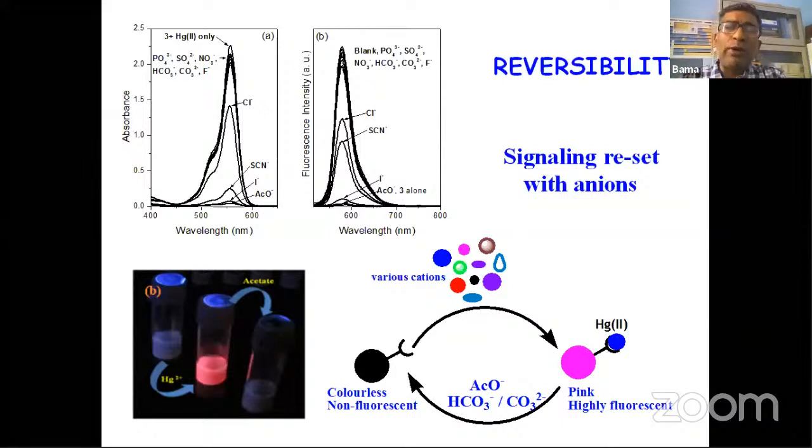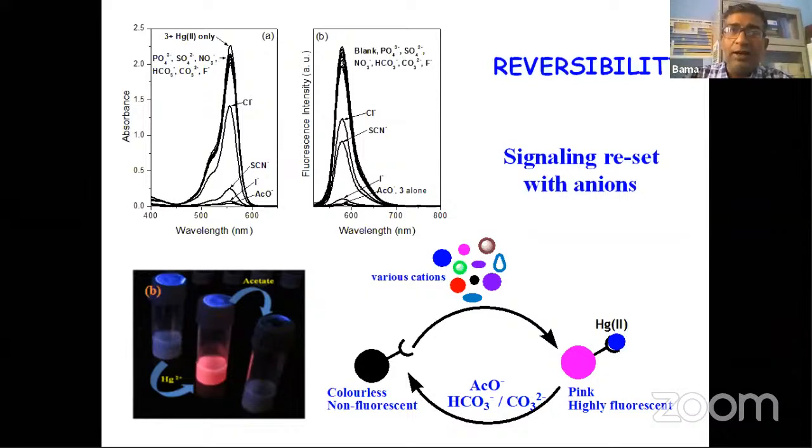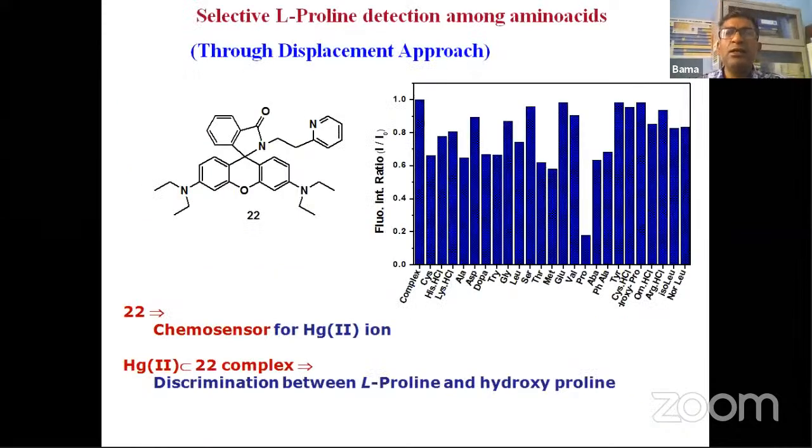We found that addition of a counter anion helps the ring-opened rhodamine-based probe go back to the spiro ring system, and the initial output parameters are reset. Here is the detection of amino acids through a metal ion displacement approach, and it all depends upon the affinity of that probe with the incoming guest.